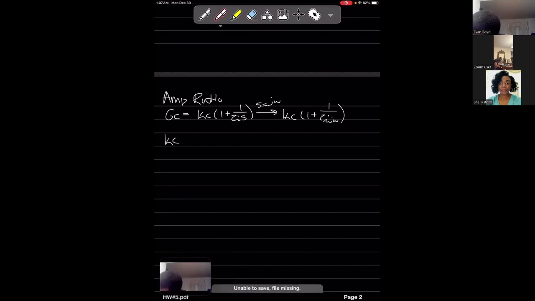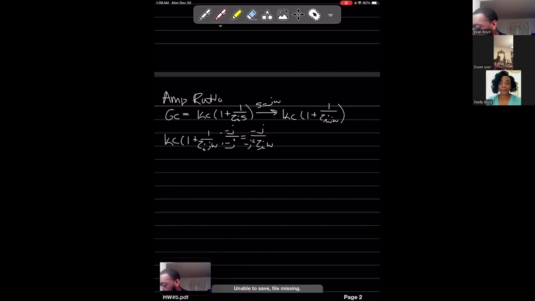So KC of one plus one over tau I of j omega. What we'll do is multiply the numerator and denominator of the fraction by our imaginary number, negative j. That'll give us negative j over negative j squared of tau I omega.